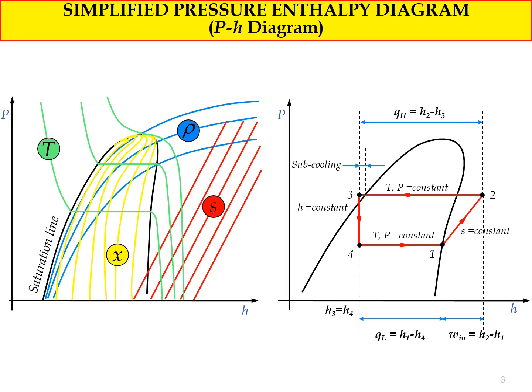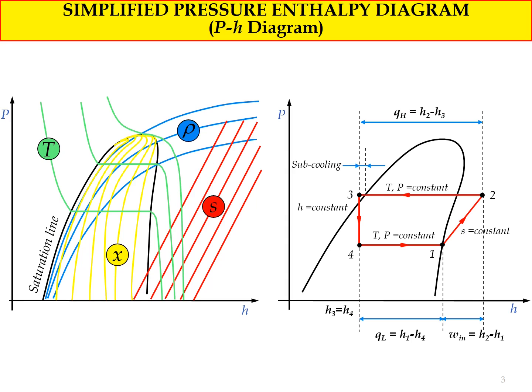We have 4 states and 4 processes involved, and normally this pH diagram refers to the actual cycle, although during the heat rejection process and the heat absorption process the pressure is constant, because state number 3 is not at saturated liquid. So we consider this pH diagram to be for the actual vapor compression refrigeration cycle.